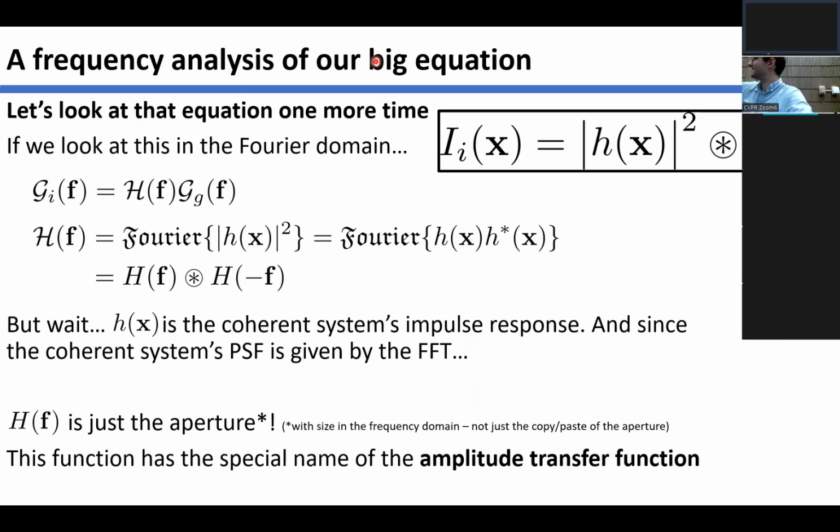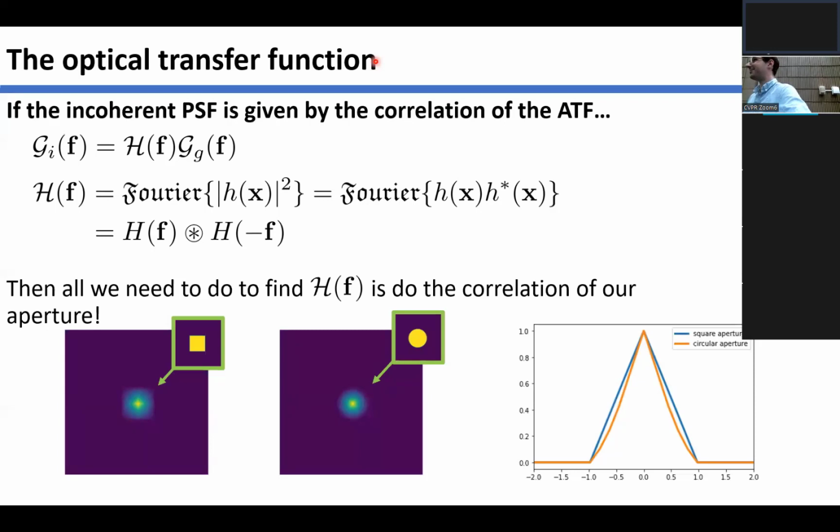Maybe these vertical lines on the wall over here are moving at some frequency, and I want to analyze whether that particular frequency can pass through my imaging system. That's what the optical transfer function is going to be. Interestingly, I won't go through it, just for the sake of time, it ends up being the correlation of your aperture in the frequency domain.